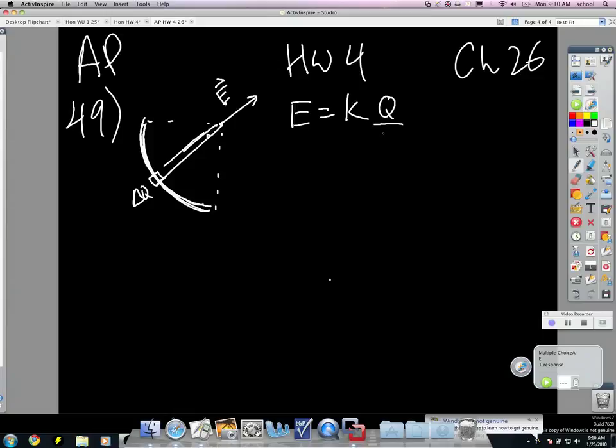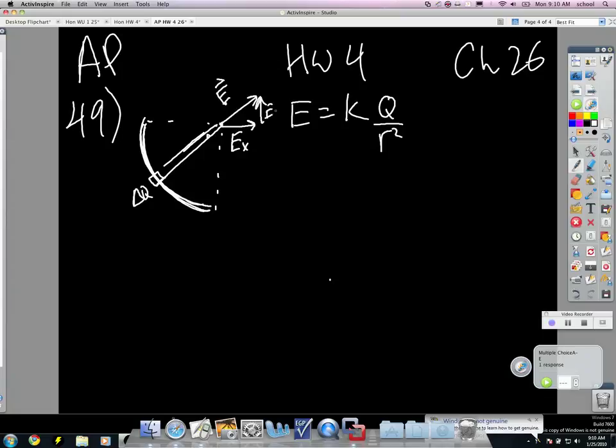Do we see that the result of some charge is going to give me some vector E, a resultant vector? Do we also see that that E is formed of the two components, Ex and Ey? Is everybody okay with that?